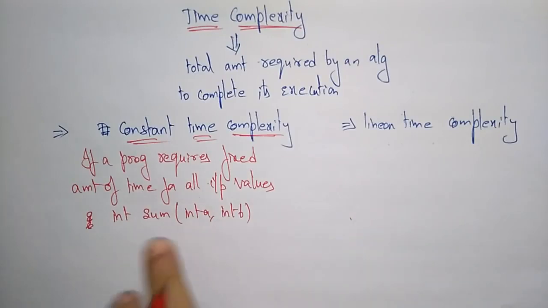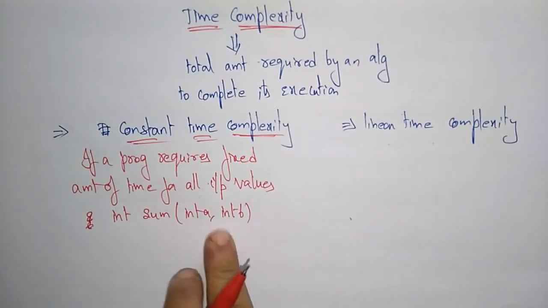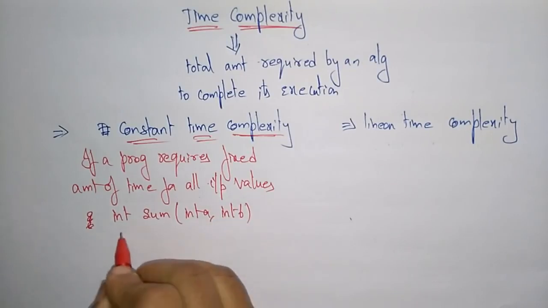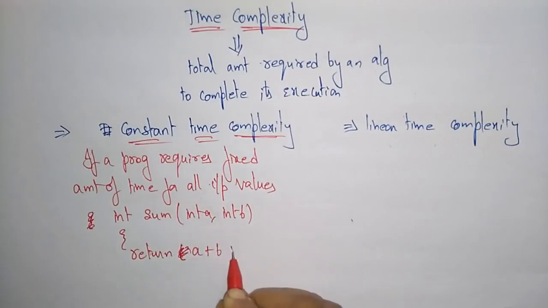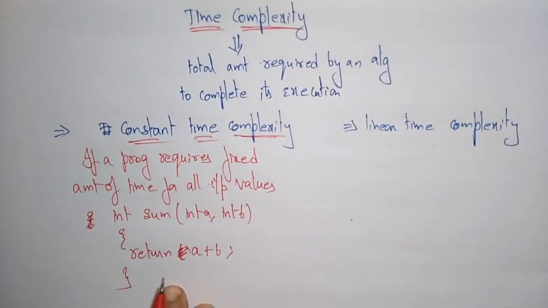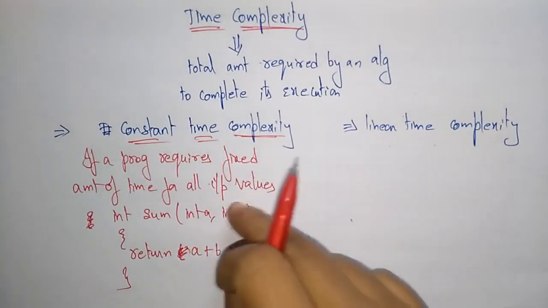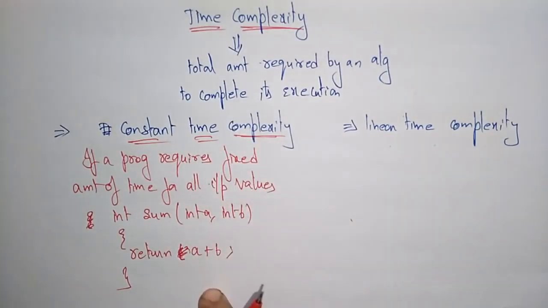Whereas in the time complexity, I'm using the input values a and b, and returning a plus b. These input values are integers, so the amount of time will be fixed for these input values, and you call it a constant time complexity. If the values are fixed, then it will be constant time complexity.